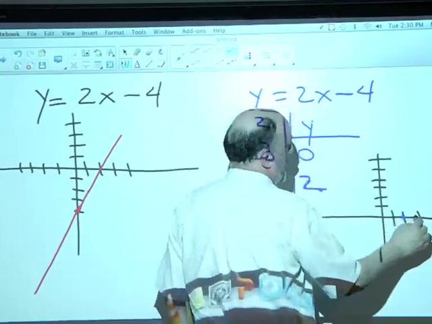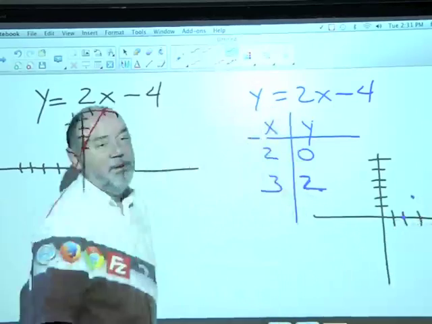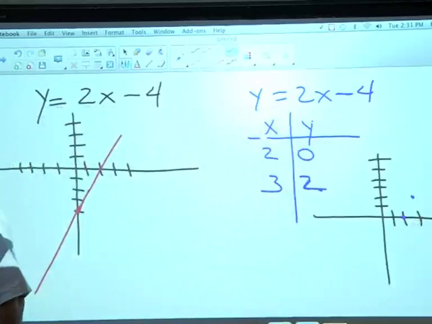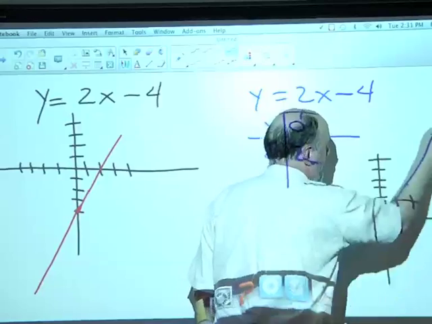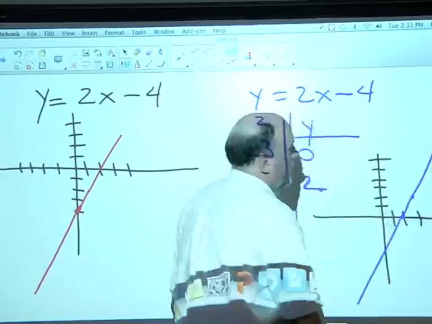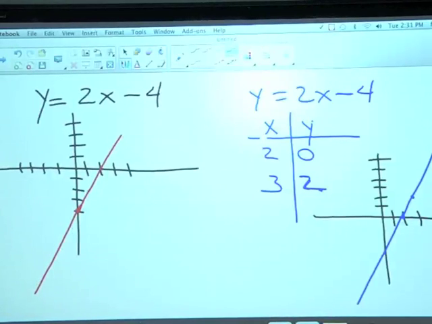Over 3, 2 is there. Now connect the dots, and we get that. So with the first way, the 2x is always over 1. If it's a whole number, it's over 1.